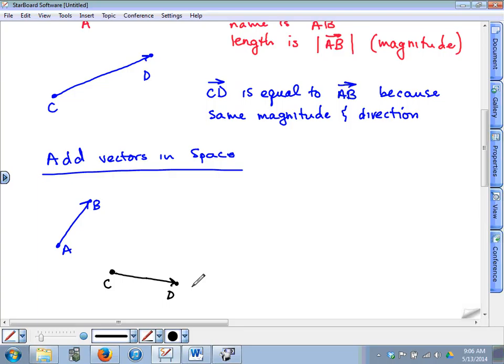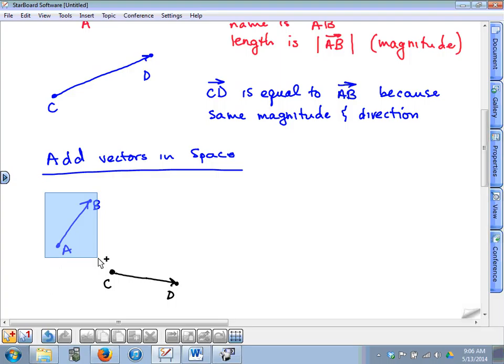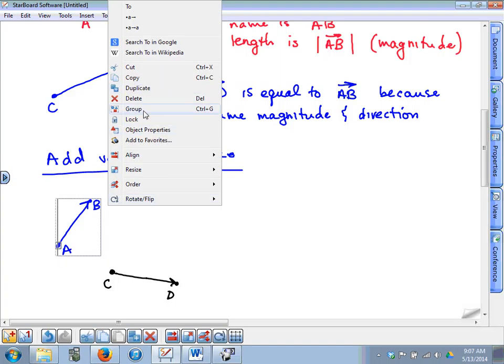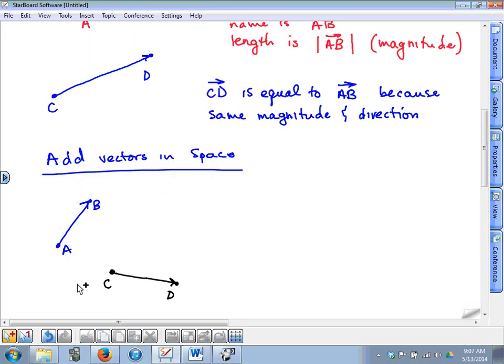I'm going to show you two different ways here. Now, you're not able to do this probably on your own, but I'm going to group that so I can move everything at once.